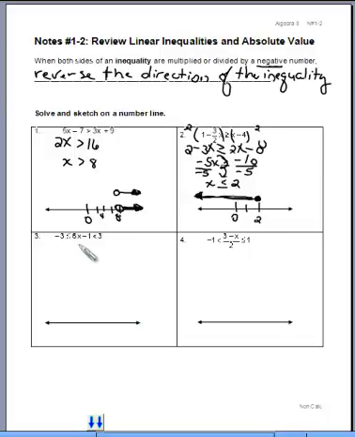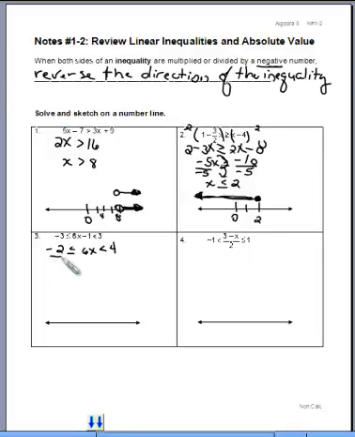Okay, let's look at a double inequality. We've got two inequalities here. Well, you can set it up as two different equations, or you can just do the same thing to both sides. We want to add 1 to both sides, so negative 3 plus 1 is negative 2, is less than or equal to 6x, and then is less than 3 plus 1, or 4. Now we need to divide everything by 6, so we have just 1x.